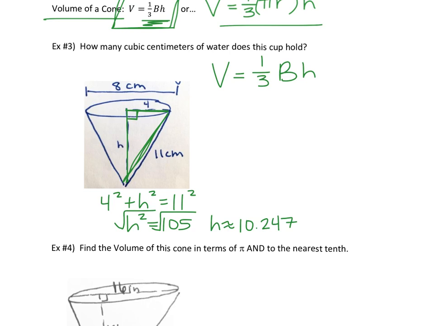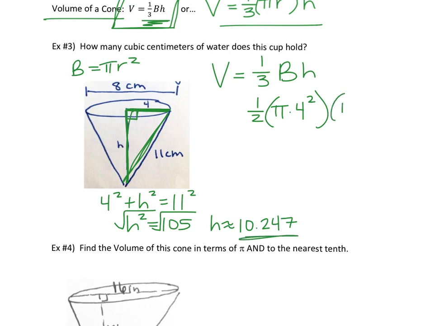Okay, so in this setup, you're going 1/3. The area of the base, your base, remember b is pi r squared. So you're going to do pi times 4 is your radius squared. So pi times 4 squared is b. And then the height is what we found already.